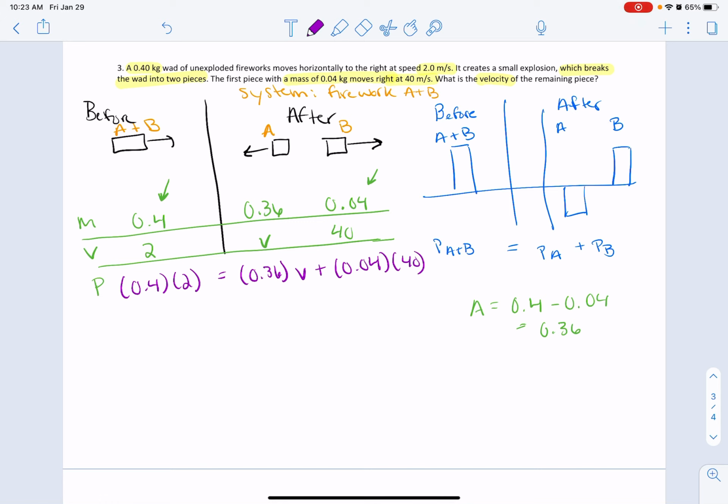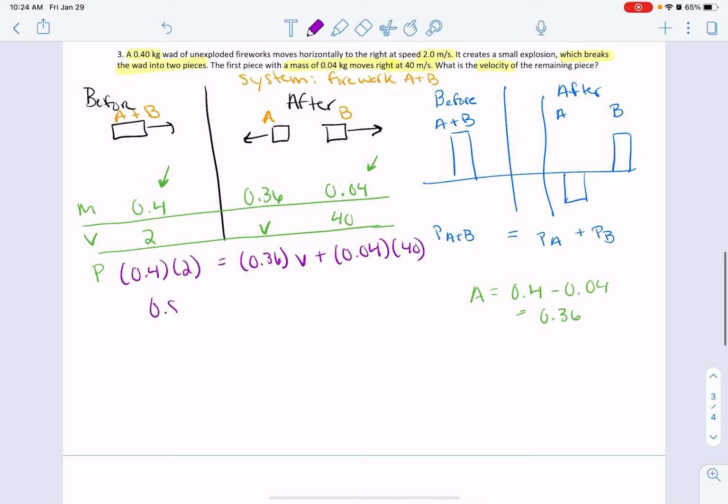Take a second to solve for V now. Let's take a look at it together. So putting in my calculator, I have 0.4 times 2 is 0.8 equals 0.36 V plus 0.04 times 40 gives me 1.6. So now I want to subtract 1.6 from both sides.